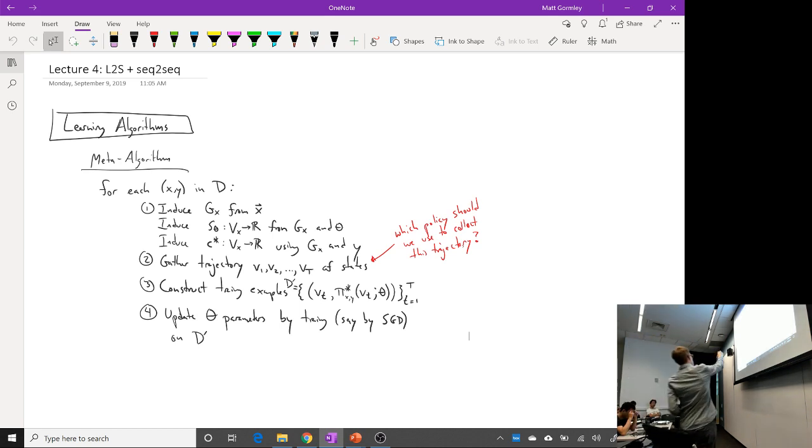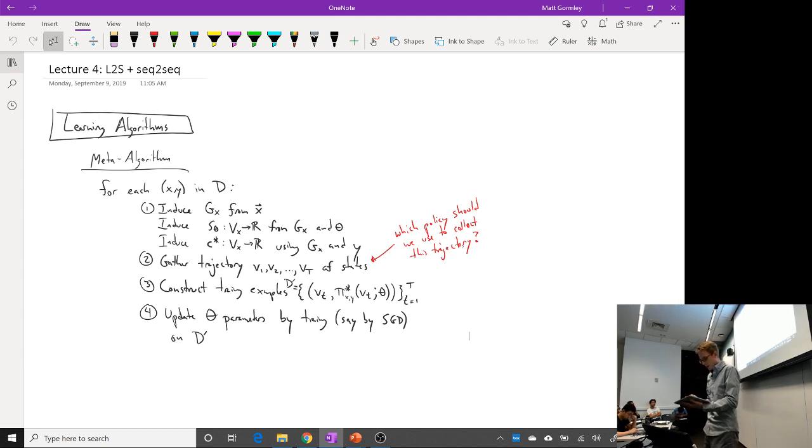Okay, so then we'll gather a trajectory of states. We'll construct training examples that consist of pairs of states in our search space with the oracle action that would be taken at that state if we had perfect knowledge of what the correct answer was. And then we'll update the parameters of our scoring function so that they do a better job at imitating that oracle policy.